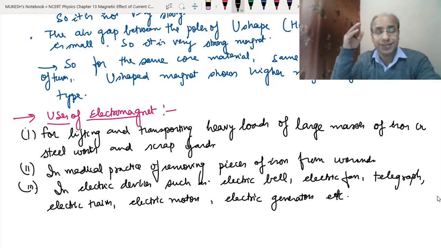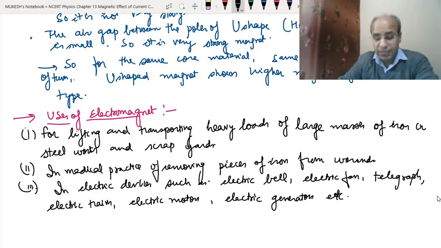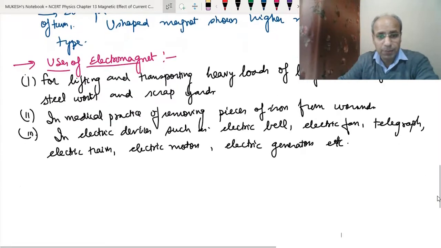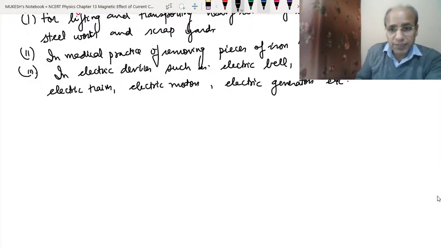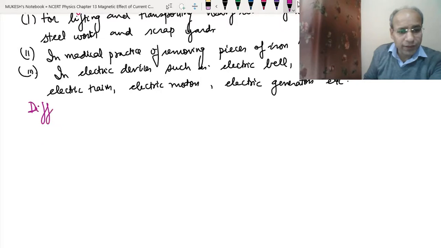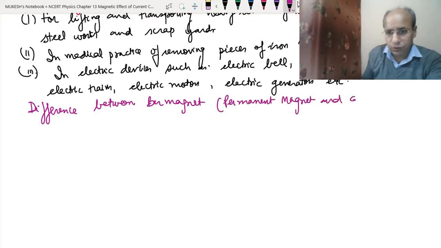Now we will see which type of magnet is better, whether it is a bar type, which is a permanent type, or whether it is an electromagnet. So we have to check whether the electromagnet is better or the permanent type of magnet is better. Let's write the difference between bar magnet, or we can say the permanent magnet, and electromagnet.